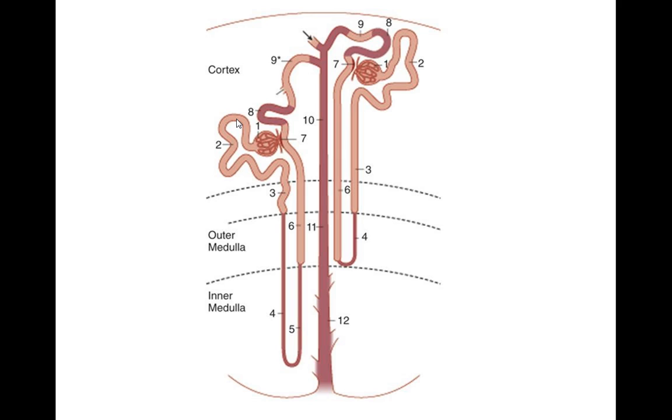In summary, we have more than 10 million nephrons in each kidney. The nephron is the main physiological and functional structure of the kidney. The three main processes of urine formation, meaning filtration, reabsorption, and secretion, occur inside the nephron, and each nephron consists of two main parts.